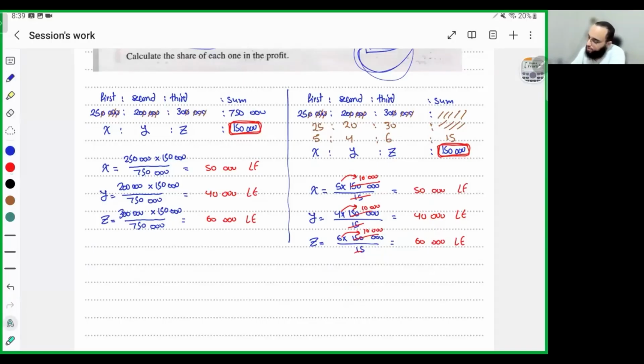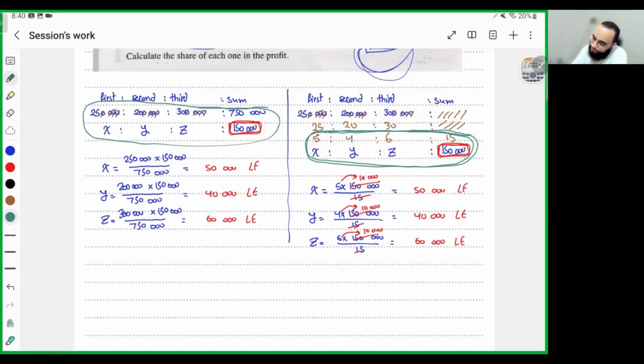So here we make a cross multiplication for these two lines only. 5 times 150,000 over 15. 4 times 150,000 over 15. 6 times 150,000 over 15. And here we started from the first step. 250,000 times 150,000 over 750,000 and so on. Both give the same answer. Any problem?